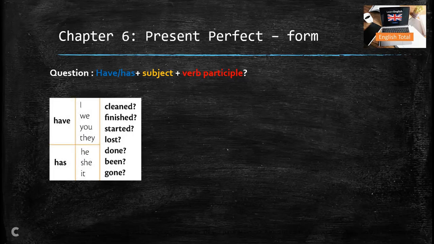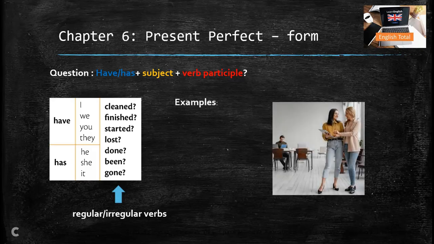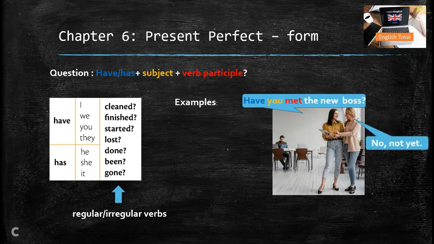Again, don't forget, it's very important to use the correct form of regular and irregular verbs. Here are a few examples. Have you met the new boss? No, not yet. I have seen him twice today.